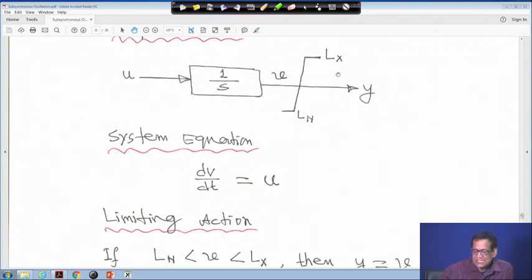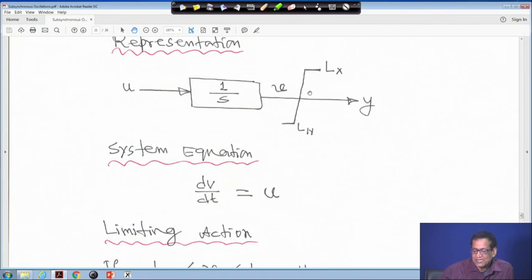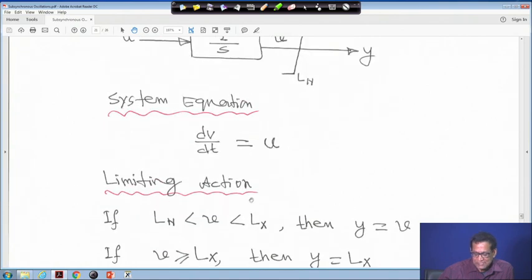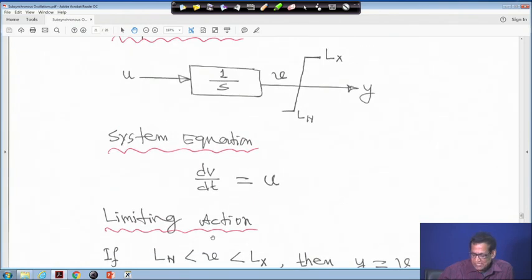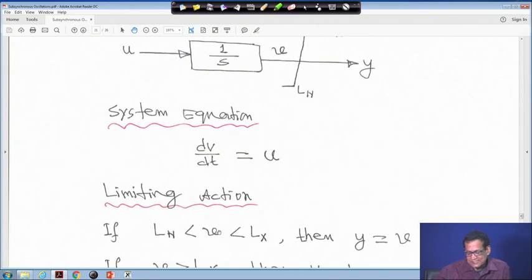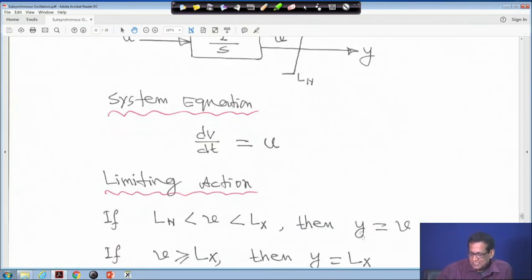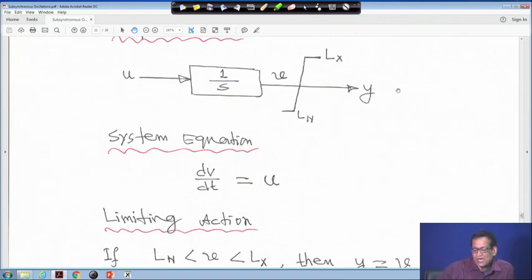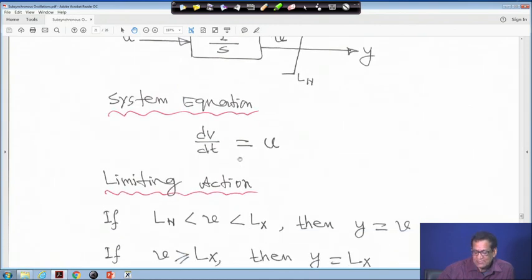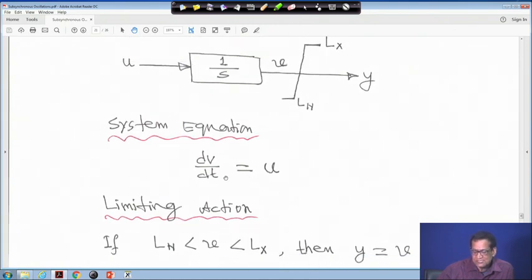Lx and Ln are the upper and lower bounds. Limiting action: when V, the output, lies between Ln and Lx, that is, the constraint is not violated, then y is equal to V, that is, it passes, and dV by dt is equal to u.